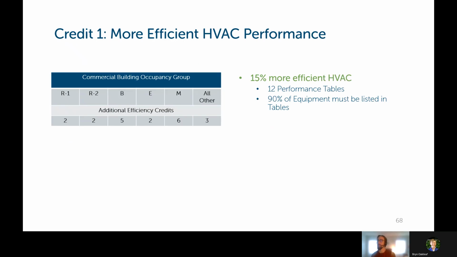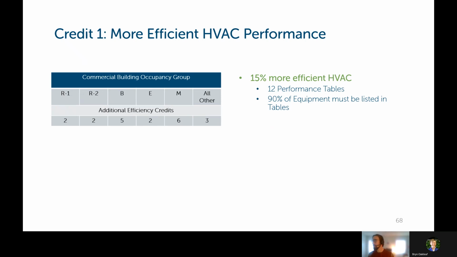So the first option is if you had more efficient HVAC equipment. Here you've got your building occupancy type. You've got R1, which is hotels and motels; R2, apartments and dorms; businesses and offices; E, which is schools and education facilities; merchandise buildings; and then all other. So that's how it's formatted for all of these options.